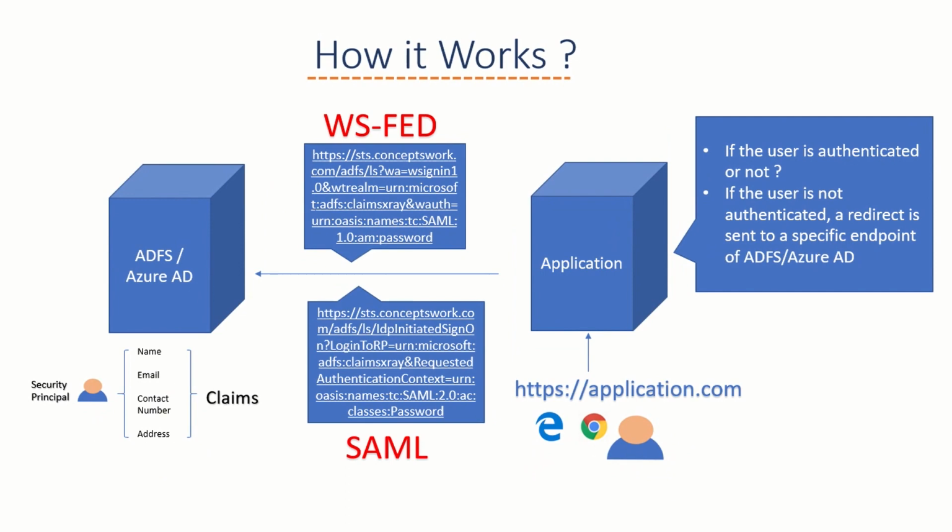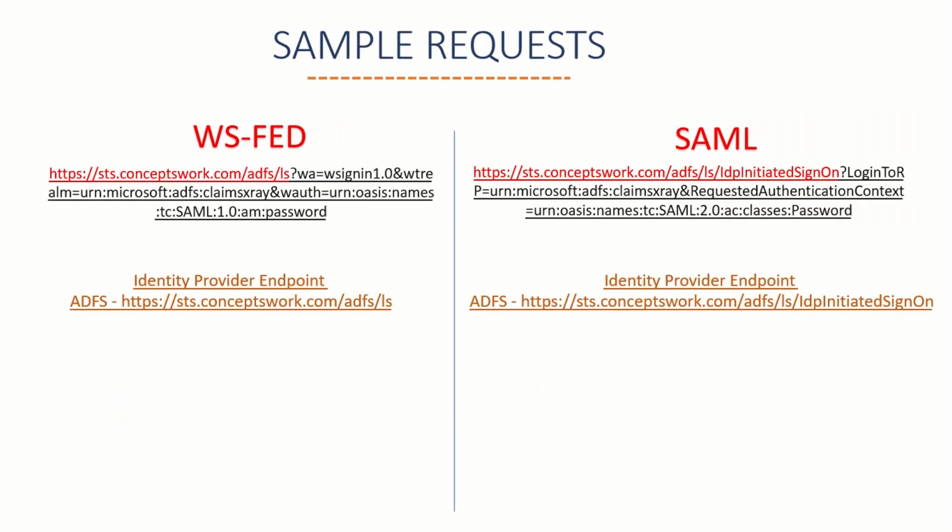So as you can see, there is a redirect that your application is actually sending to the user agent, to the browser, and then it's your browser which is going to an endpoint of your identity provider. And if we compare these two values, we can see the difference, but what is common is the endpoint.